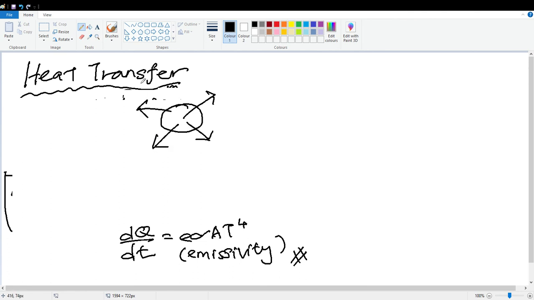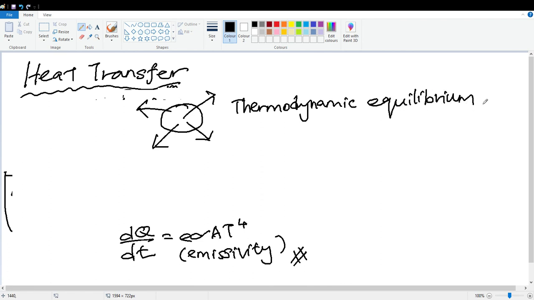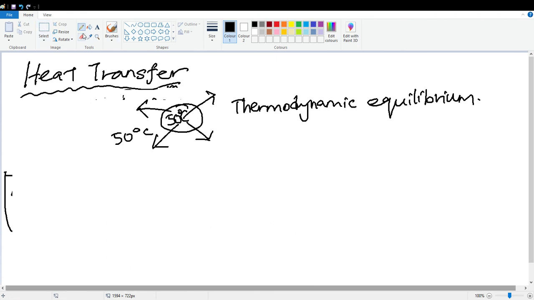If the surroundings and this body are in thermodynamic equilibrium, which is similar in meaning to thermal equilibrium, where the surrounding temperature is equal to the temperature of the body, then in this case I can say that my emissivity is equal to the absorptivity.